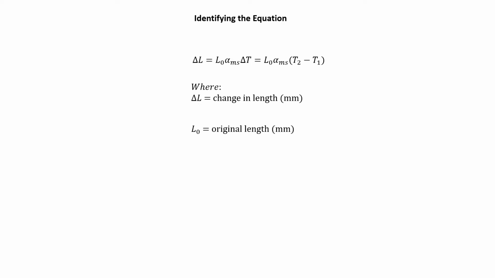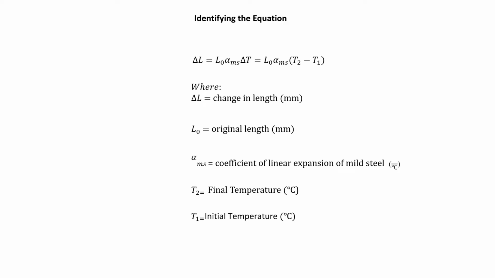L naught is the original pipe length in millimeters. Alpha ms is the coefficient of linear expansion of the mild steel per degree Celsius. T2 is the final temperature of the pipe in degrees Celsius. T1 is the initial temperature of the pipe in degrees Celsius.